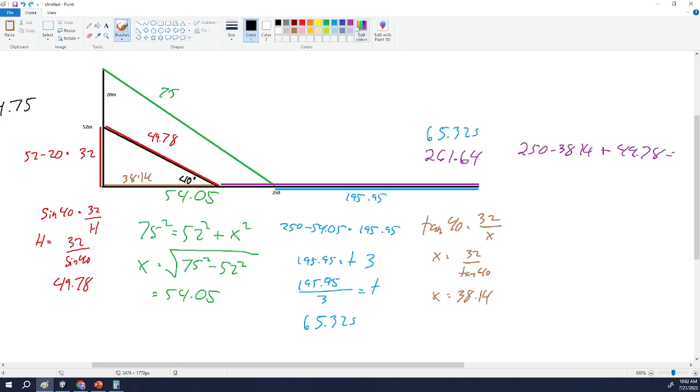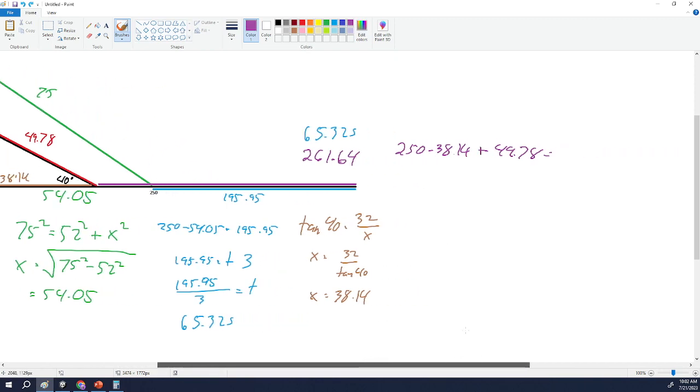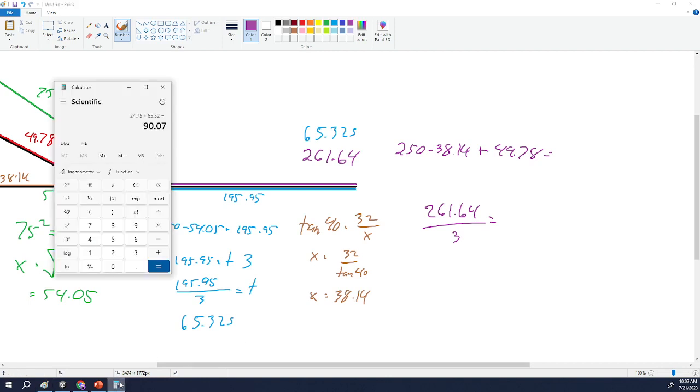So we have this purple one here. It took him, the actual distance is 261, right? 261.64 divided by his speed. We get how long it would take him to get there. 261.64 divided by 3.